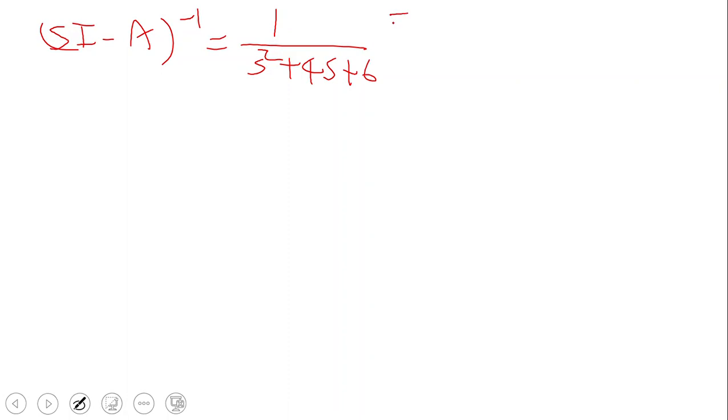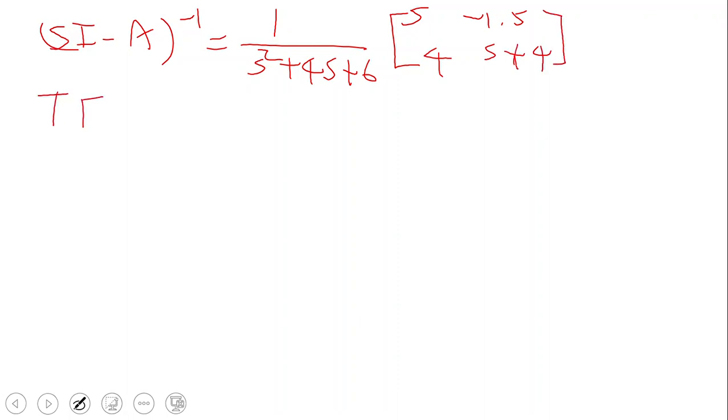So (sI minus A) inverse is 1 by the determinant, s square plus 4s plus 6, into the adjoint of sI minus A. What is the adjoint? Yes, minus 1.5, 4, s plus 4.